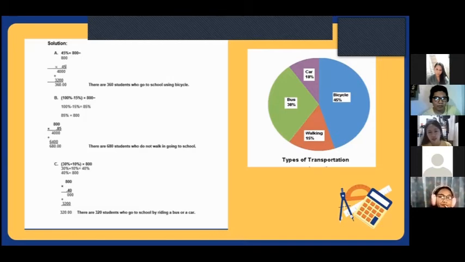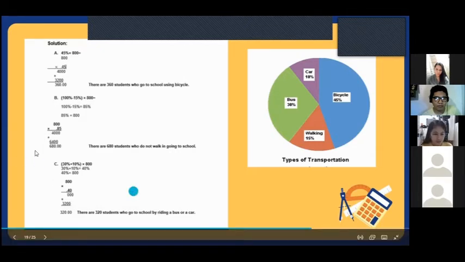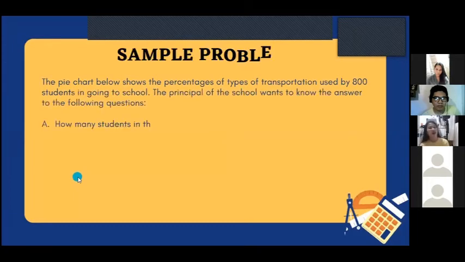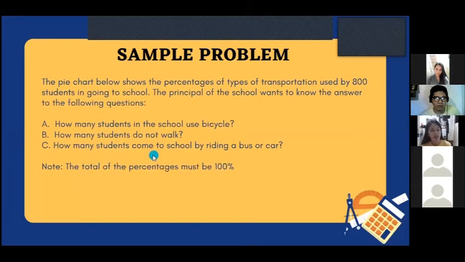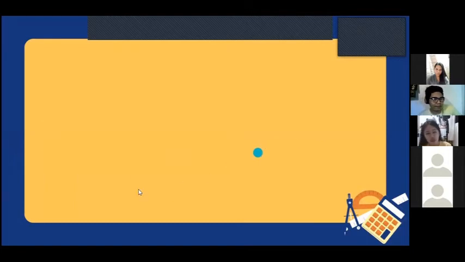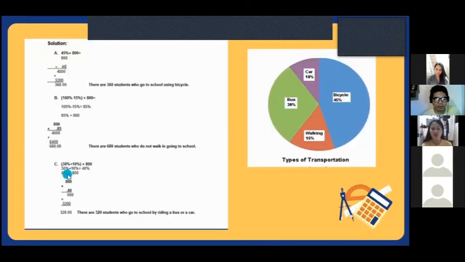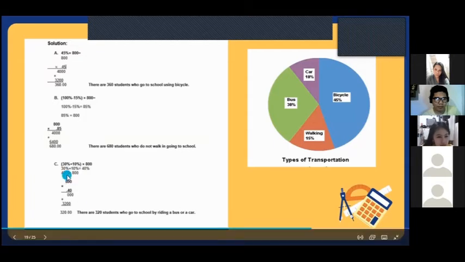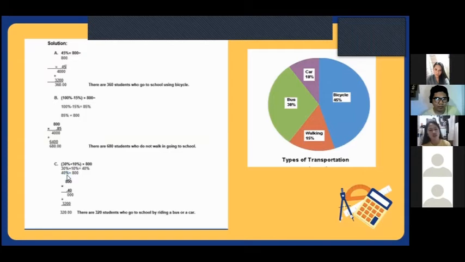And the last question is, how many students come to school by riding a bus or car? In this situation, we are going to find the percentage of students who ride a car or a bus. The first step is to add the percentages of students who use car and the students who use bus.